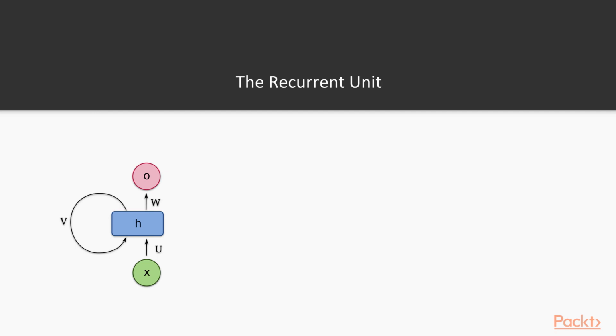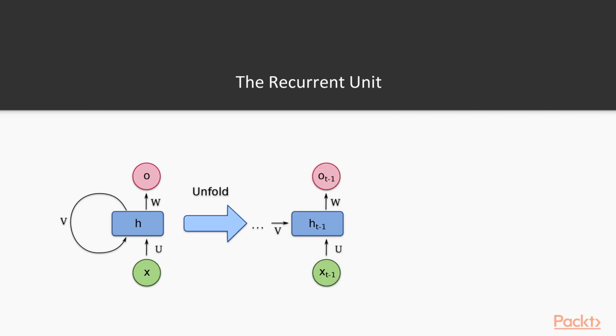So it's a little complicated to look at it just in this recurrent form with this circle. So an often popular way to visualize this is by unrolling the RNN through time, is what it's called. So unrolling or unfolding is what we do here, in that we have our input at time t minus 1.